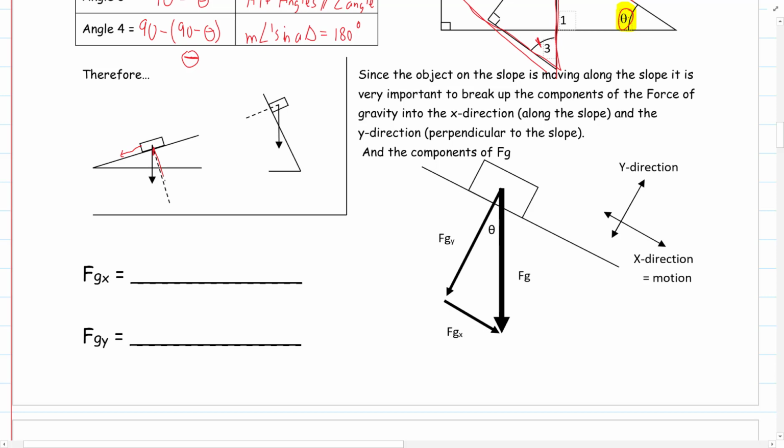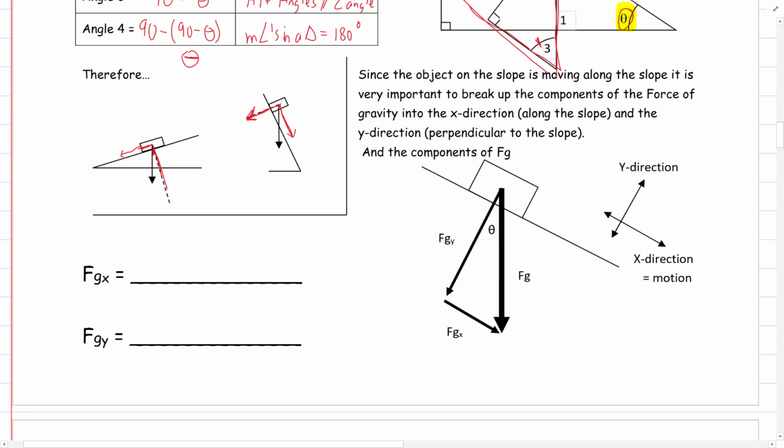So we need a component perpendicular to the slope, and a component parallel to the slope. And we're going to set the x direction in the direction of motion because then we want the acceleration to be in one direction.